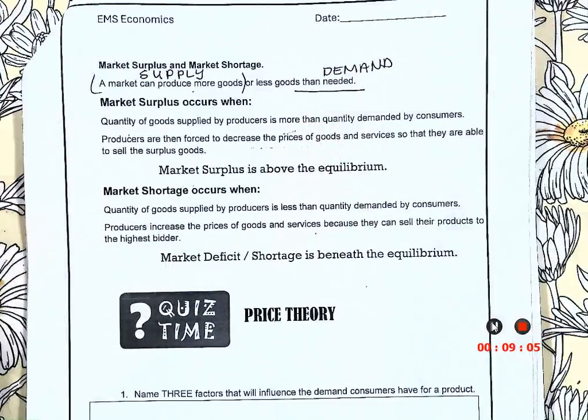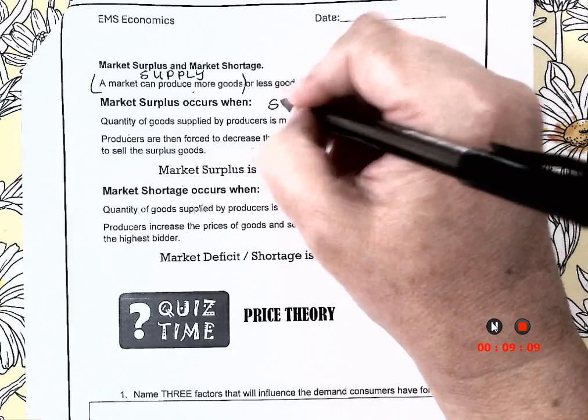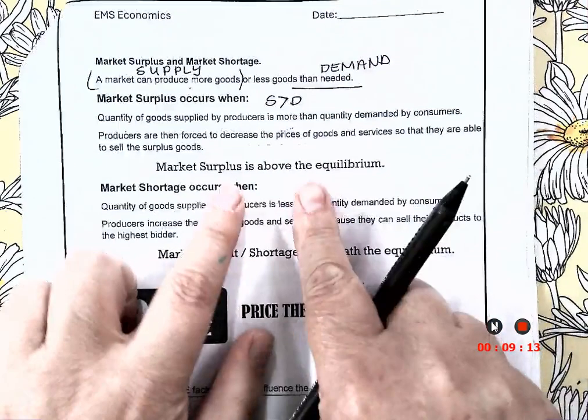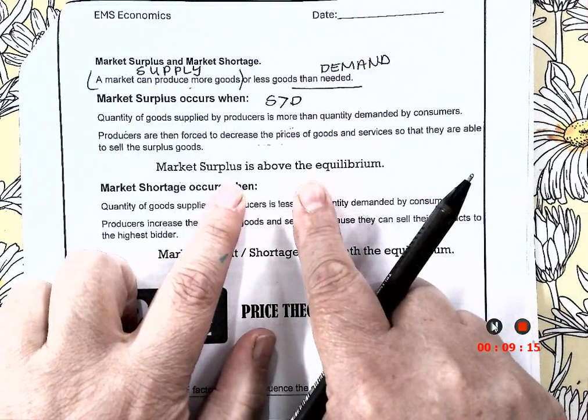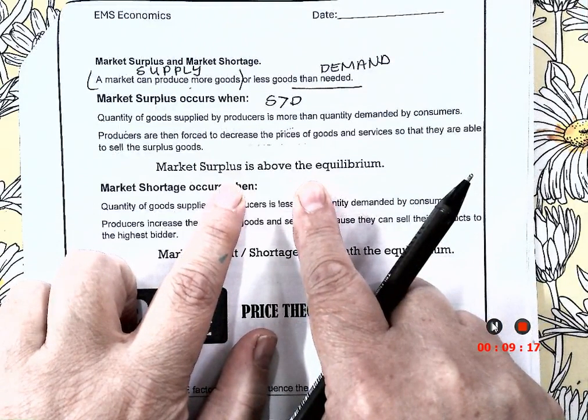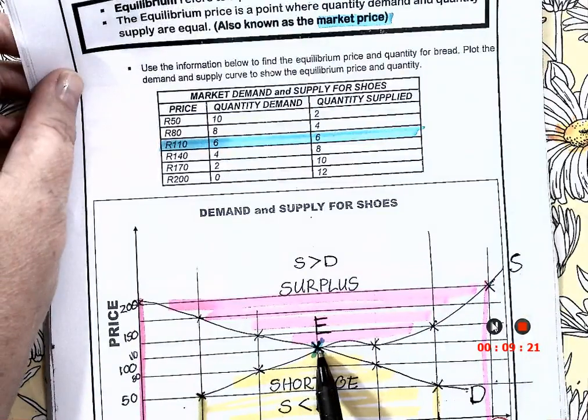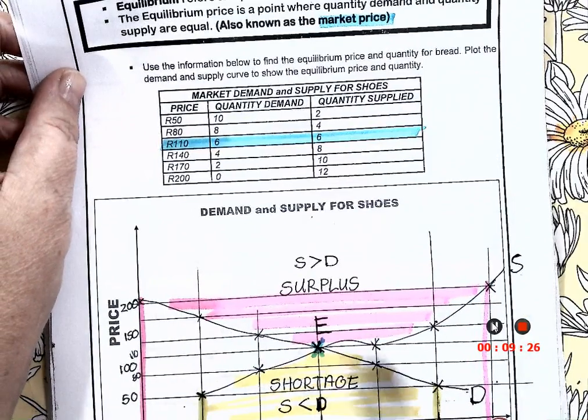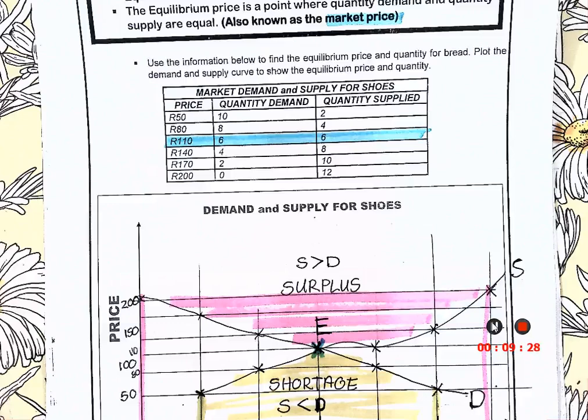So market surplus, I already said, is when the supply is bigger than the demand. And read the sentence. It's above the equilibrium. It's above it, and it's only in that little bucket.